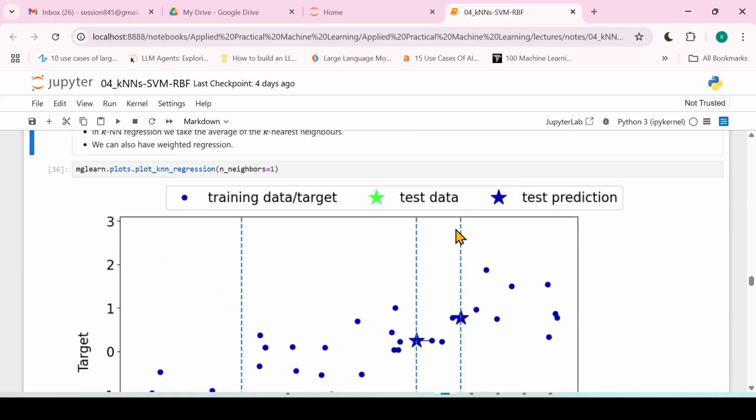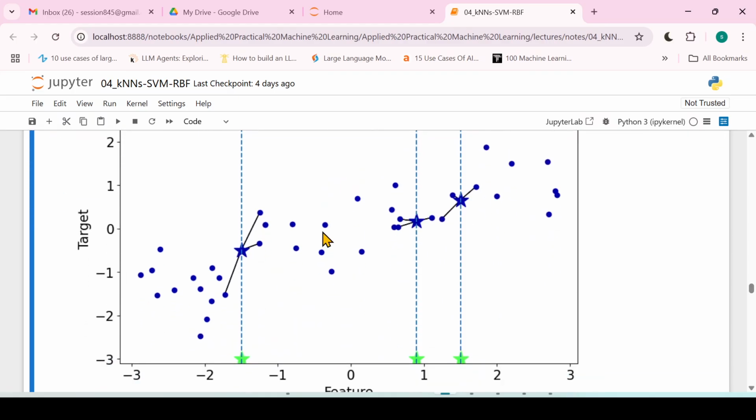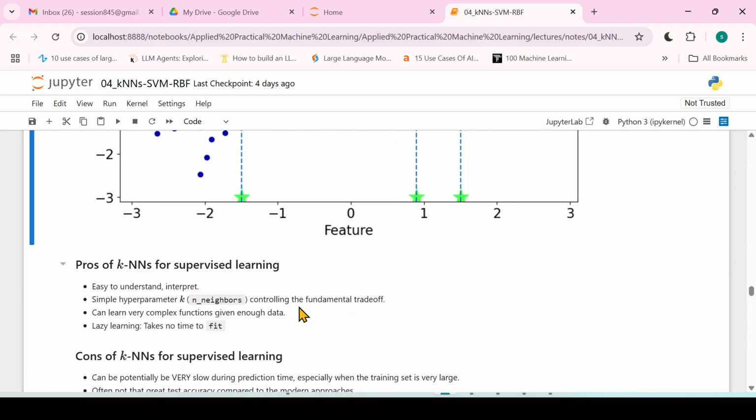Here we are considering n number 1, and here n number 3. With n number 3, the value has changed, because this star is closest to this example and this example. To get the exact target value for this example, we can take the average of their target values. Here as well we'll take the average of the target values, and that is how we'll use the k neighbor for the regression task.